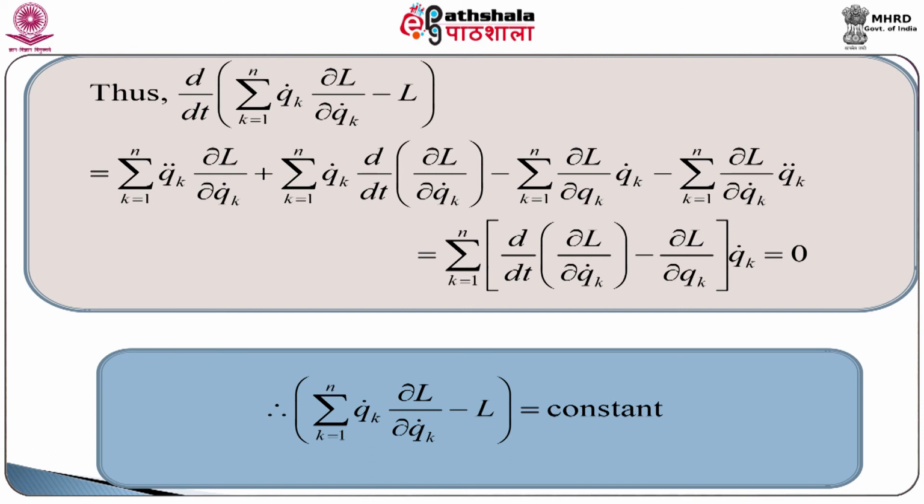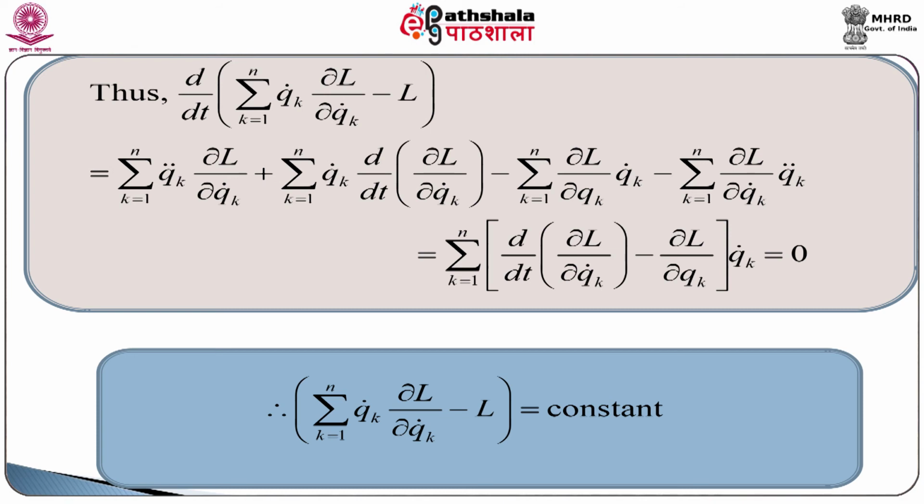So we get this equation, that is, d/dt of summation over k qk dot ∂L/∂qk dot minus L equal to summation over k of d/dt of ∂L/∂qk dot minus ∂L/∂qk, into qk dot, equal to 0, using Lagrange's equation of motion for the coordinate qk.